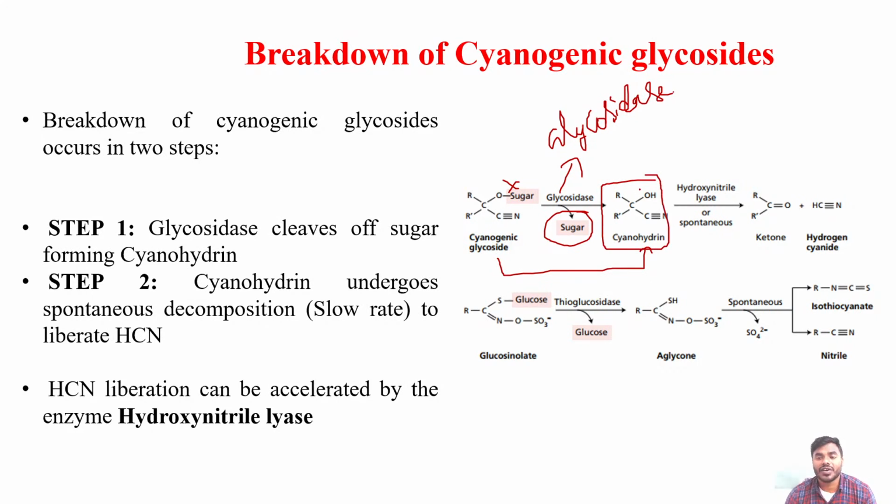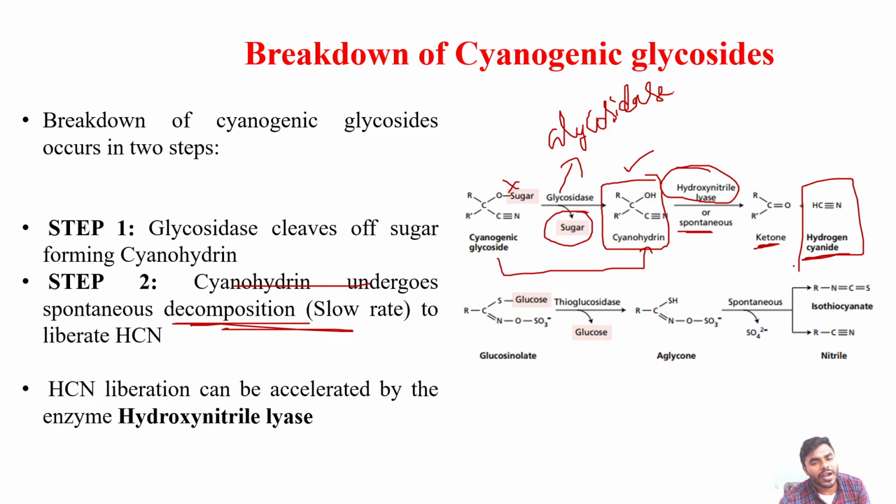Now this cyanohydrin on its own undergoes decomposition. Very slow decomposition. It undergoes the decomposition on its own, sometimes in the presence of an enzyme called hydroxynitrile lyase. It breaks down into ketone and hydrogen cyanide.